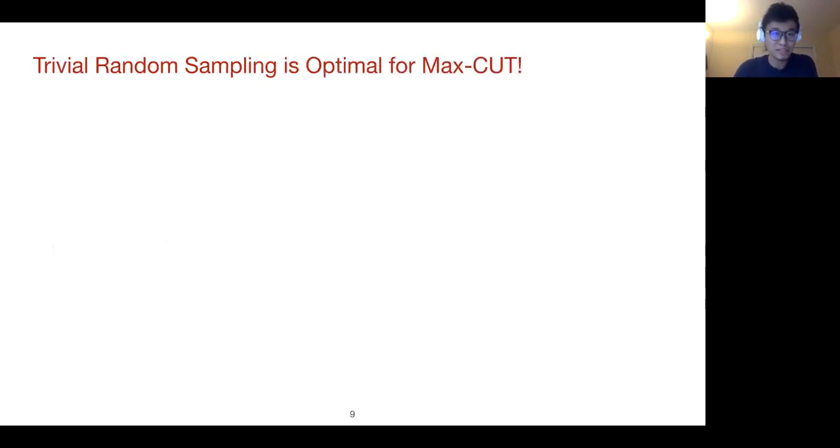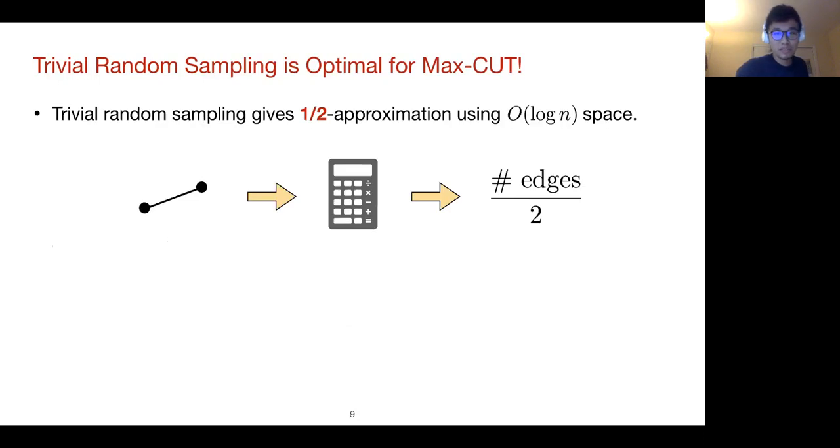Okay, so now let's look at our favorite Max-DICUT problem. It's not hard to see that there's a trivial streaming algorithm that gives a 1/2 approximation. Why? Because the streaming algorithm just counts the number of edges and outputs the number of edges divided by 2. By conditional expectation analysis, you know there exists a cut of this size.